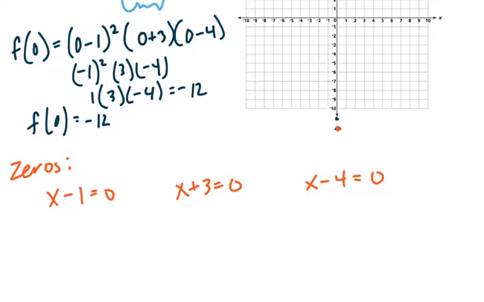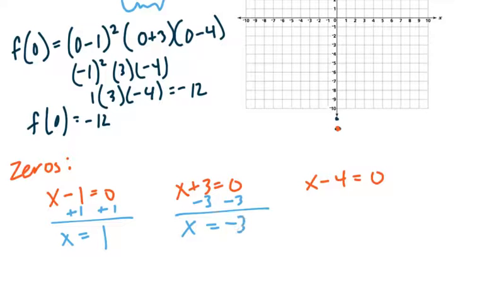Solve each of these for x. We get x equals 1. Subtract 3 from both sides, we get x equals negative 3. Add 4 to both sides, we get x equals 4.